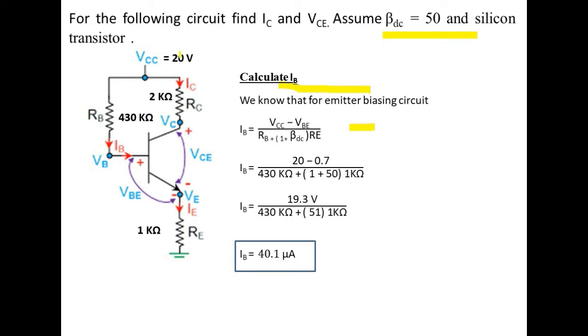Putting the values of VCC, VBE, RB, beta DC and RE, we have got IB is equal to (20 minus 0.7) upon (430 kilo ohm plus (1 plus 50) into 1 kilo ohm). So IB is equal to 19.3 volt upon (430 kilo ohm plus 51 kilo ohm). So we have got IB as 40.1 microampere.